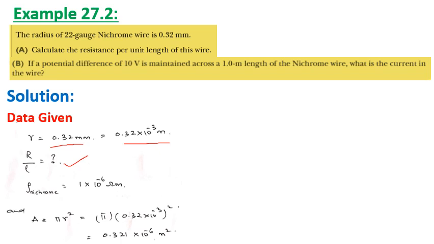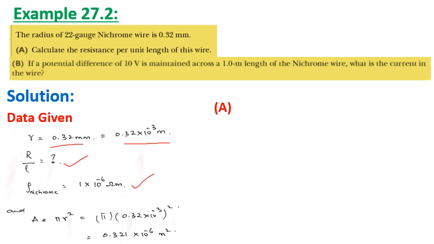Though it's not given in the data, it's a constant value, so either a table will be given in the question in case of quiz or in papers. If we want to find the area of the wire, we simply use A equals pi r square. Putting in the values, I get A equal to 0.321 into 10 to the power minus 6 meter square.